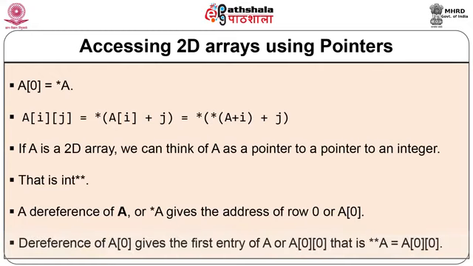The dereference of A0 gives the first entry of A, or A00, that is **A equal to A00. This way you can access two-dimensional arrays using pointers. In this given example, you can see an exact two-dimensional array and its use with pointers.